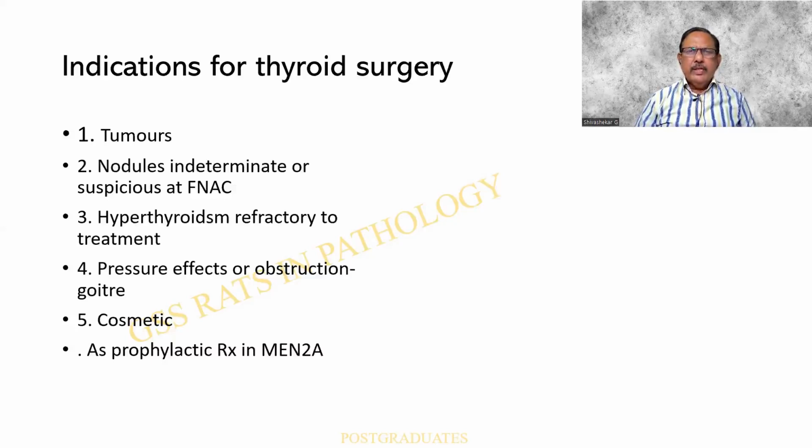Commonly, the patient complains of difficulty in swallowing or even breathing. Cosmetic reasons, when it is too large, and sometimes as a prophylactic treatment for MEN 2A syndrome. So these six points I would like you to have in mind. Thanks to Tata Memorial Center for this list.